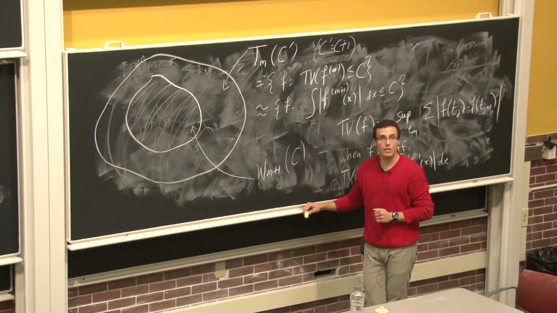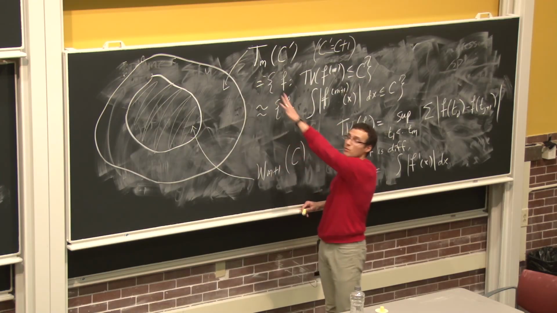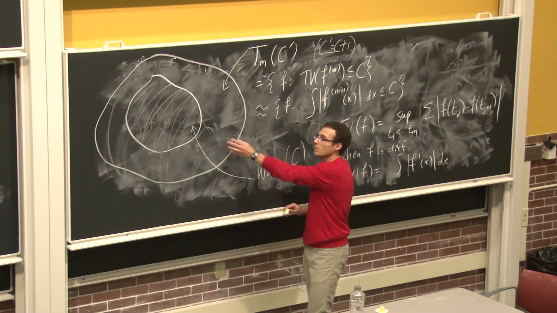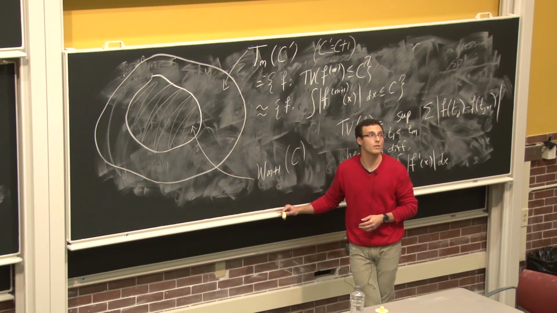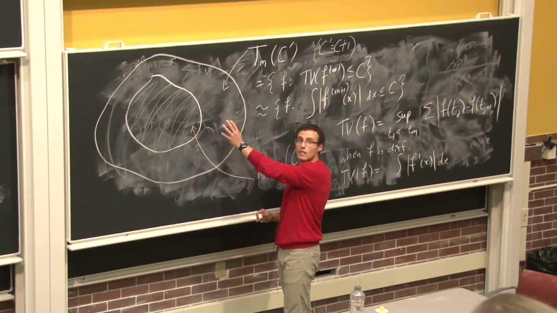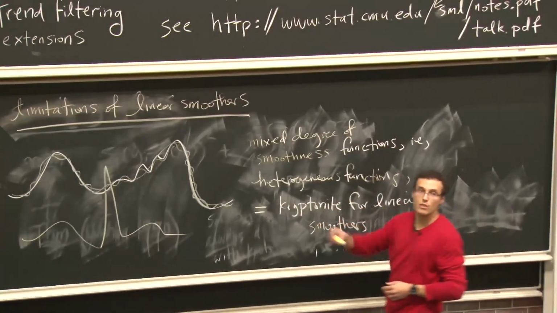And then Donoho and Johnstone came along in the 90s and said, well, actually, there are bigger function spaces. For example, here is one of them. And if you look at these function spaces, smoothing splines actually perform quite poorly outside of the Sobolev space. So they actually do very poorly here. And this function space contains these types of heterogeneous functions.